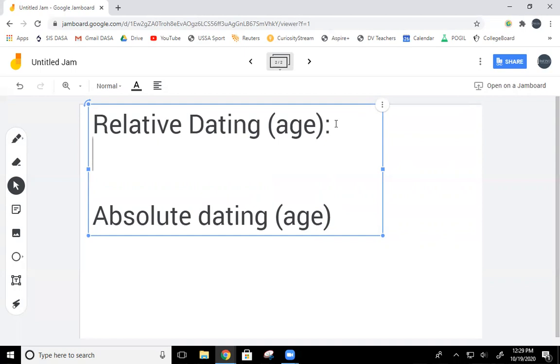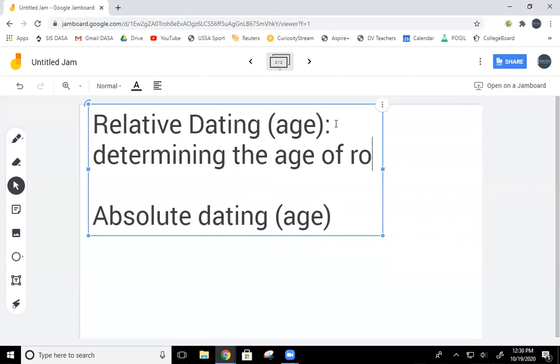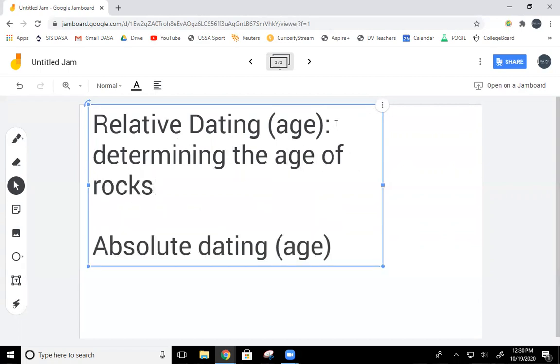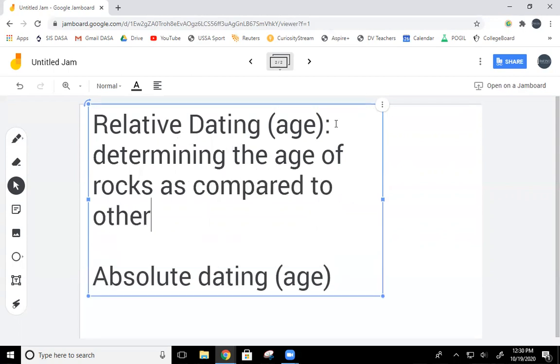I'm talking about relative dating. Relative dating is determining the age of rocks as compared to other rocks.